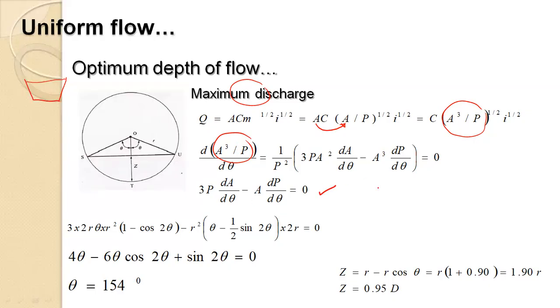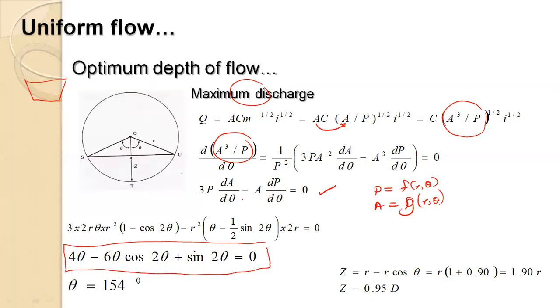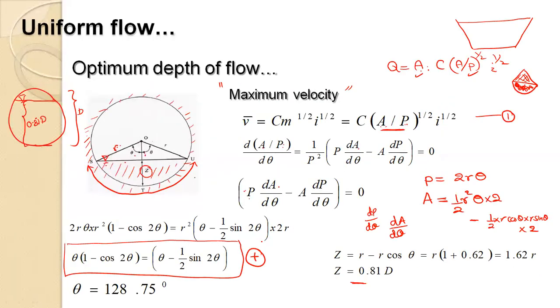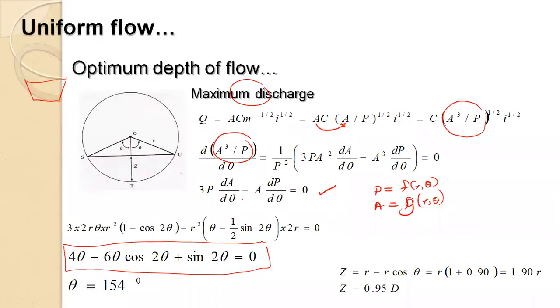And if you do the substitutions for P and A, which are functions of R and theta, when you do that substitution for this particular equation, then you will get another equation using theta, which is different from the previous one. Of course, it would be different.